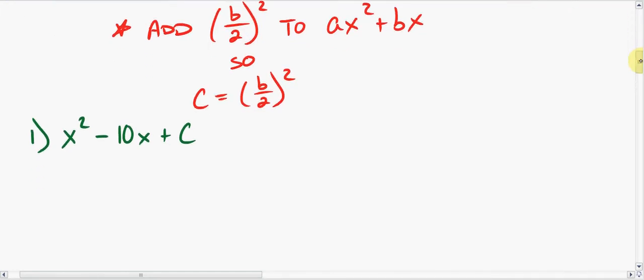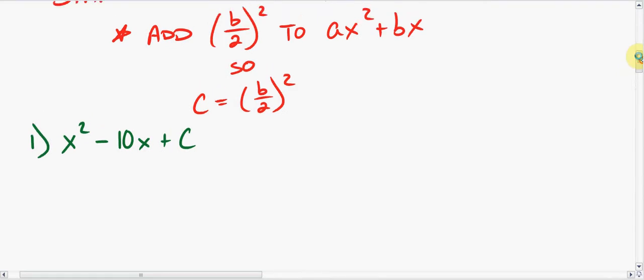So let's take a look at our first problem. We've got x squared minus 10x plus c, where our a value is 1 and our b value is negative 10. What we're really interested in for this case is just the b of negative 10. So we remember c is equal to b over 2 squared.